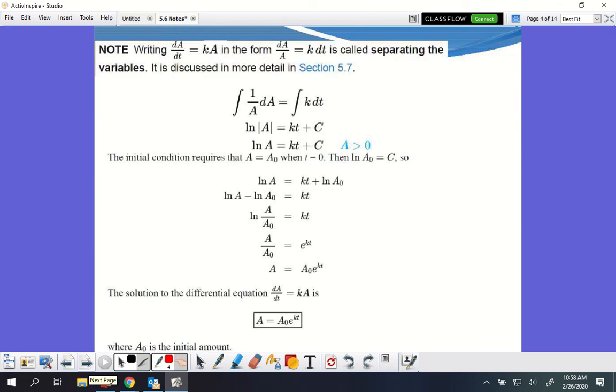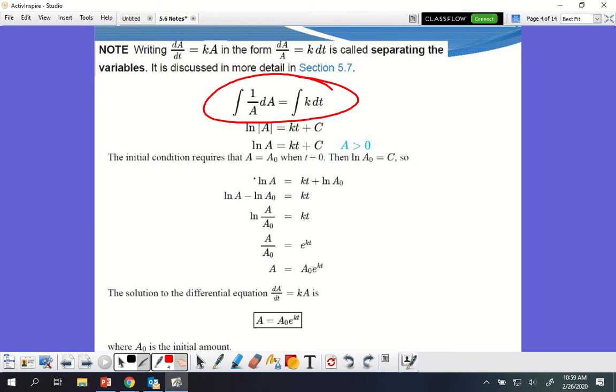So we get the formula. The integration of 1 over A should give me ln A. Then on the right I get k times t plus C. I should actually have a C on both sides, but I'm only going to include C on this side, because it's like a C1 and a C2, and I subtract C1 from C2 to get some C3, but I know it's eventually just some constant.